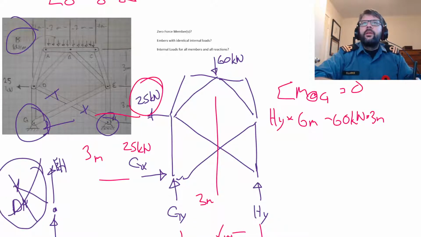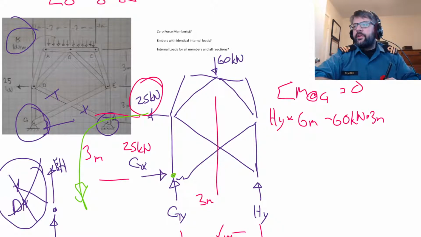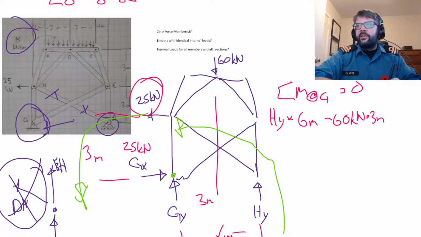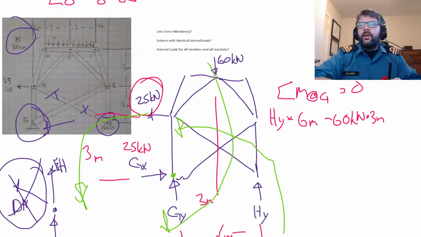Now again, always keep in mind we're going about this point, so the 25 kilonewton force is causing counterclockwise rotation, as is HY, and the 60 kilonewton force is causing clockwise rotation.